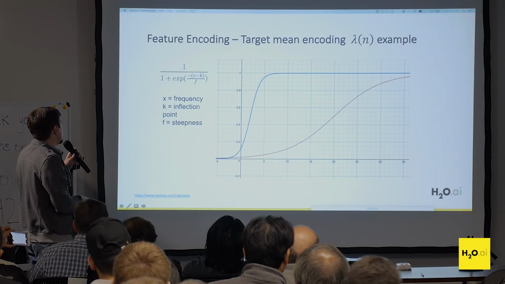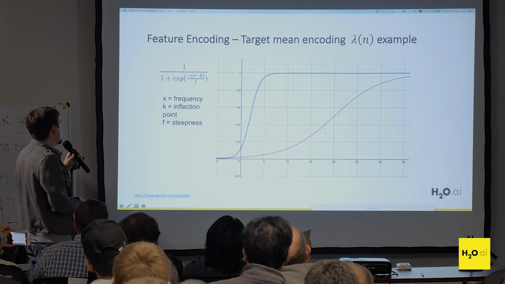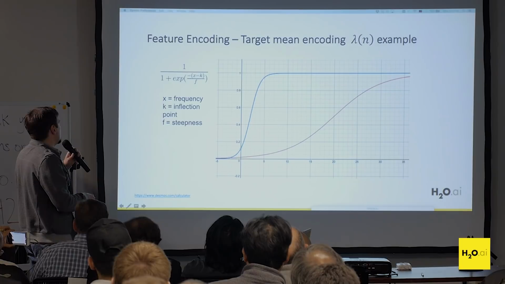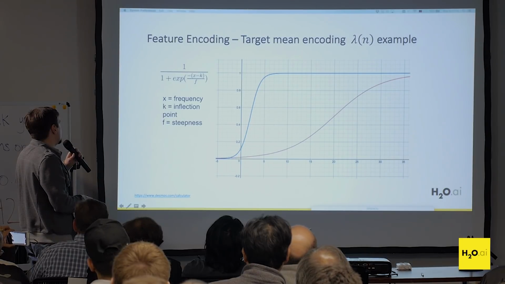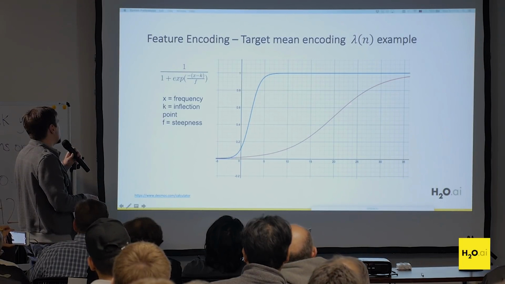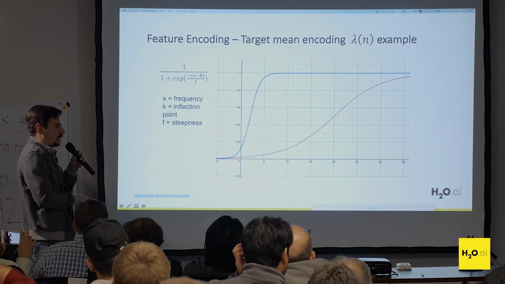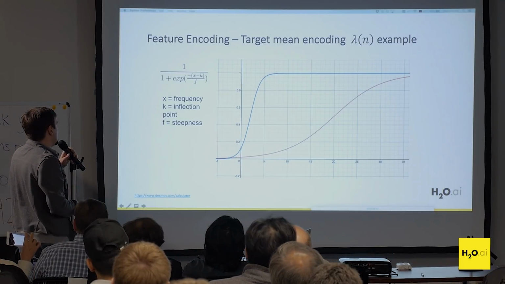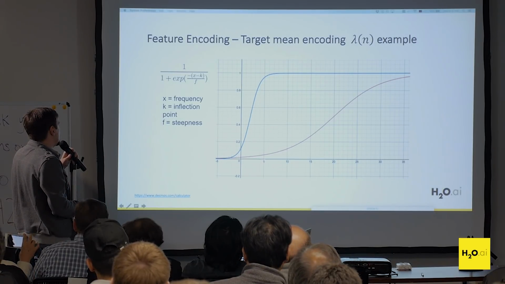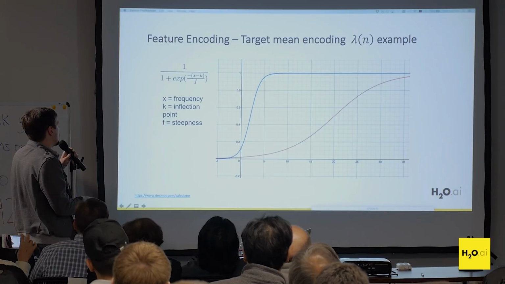The smaller f you have, the steeper your function. So the blue line has a smaller f than the red line. If f equals 0, you have a step function, which is 0 until the inflection point and then goes to 1 after the inflection point.